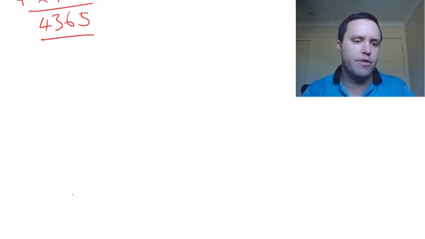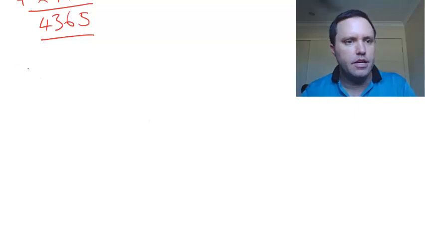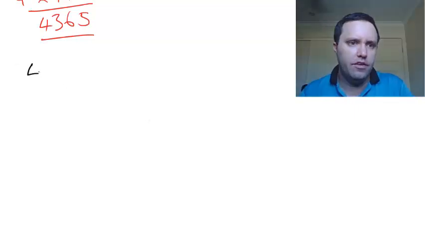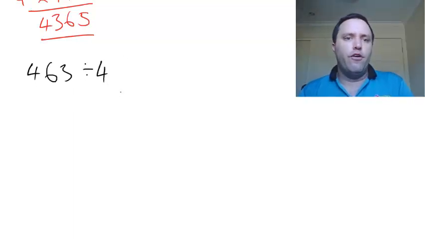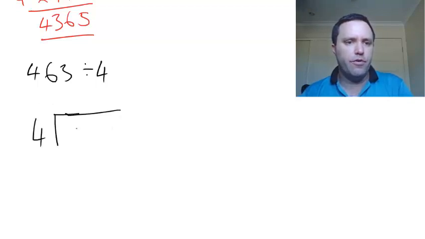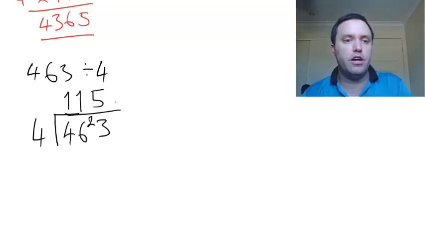Lastly, something for you to look at is the division algorithm. You get plenty of time to practice this in class if you're not feeling like you understand what's going on. If I had 463 divided by, I don't know, 4, we would rewrite that in our division algorithm. 4 out here, the dividend goes in the middle, 463, and the quotient goes on top. 4 into 4 goes once, 4 into 6 goes once with 2 remainder, 4 into 23 goes 5 times, remainder 3.